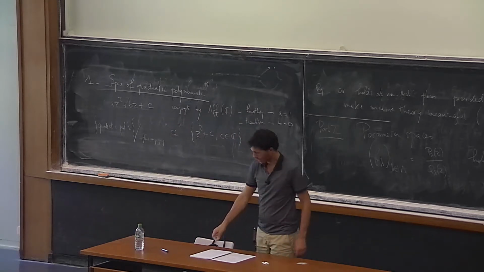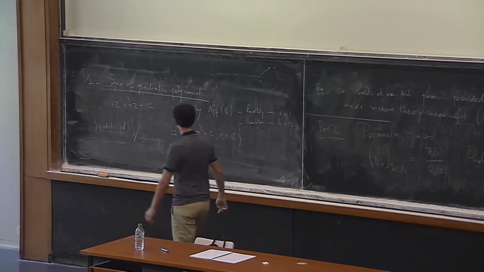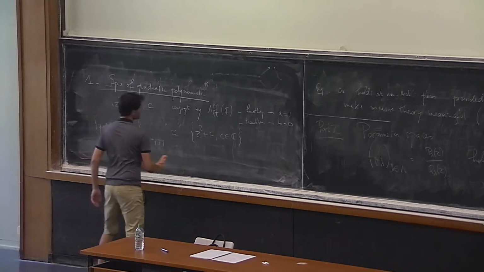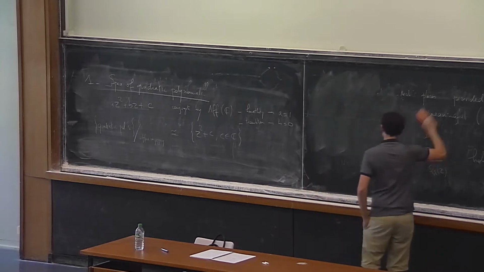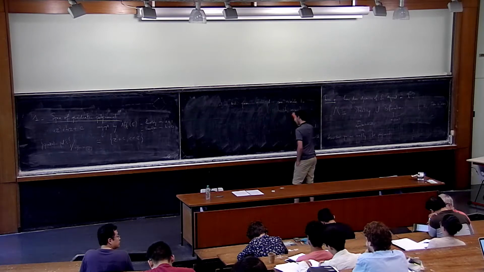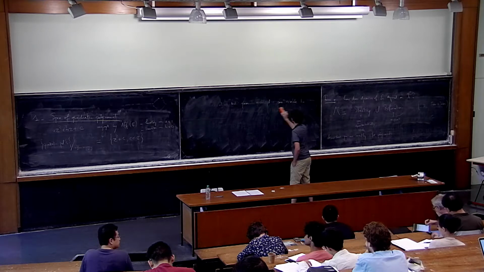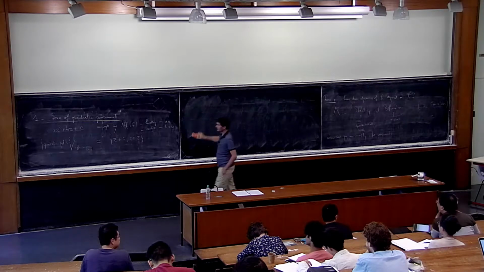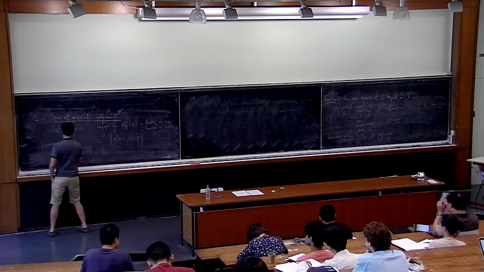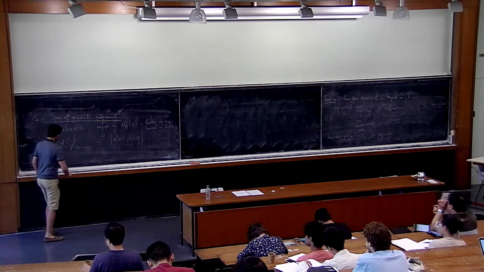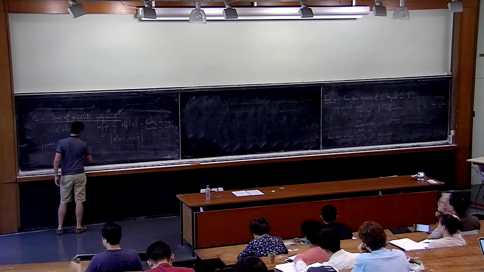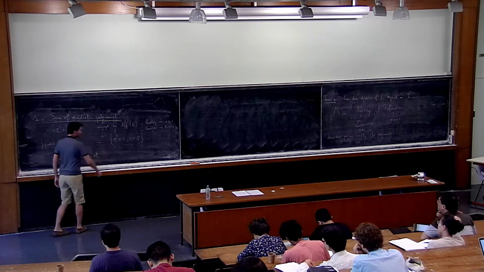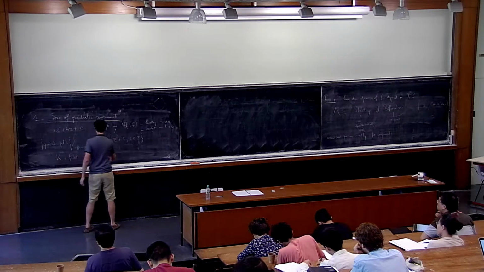Okay, so let me discuss the dynamics of this quadratic polynomial. So remember the definitions of yesterday. Yesterday I defined, for a mapping f, K is the filled-in Julia set, which is the set of points with bounded orbit.